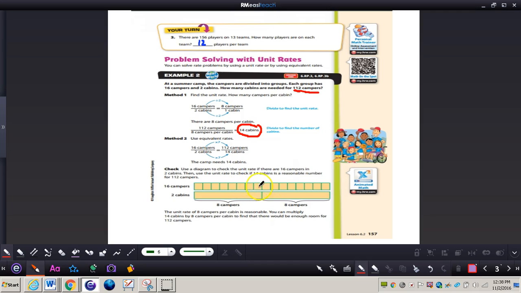You have the blocks that represent campers and the longer bars that represent cabins. You can see that there are a total of 8 campers per cabin. That will give you the unit rate, and it says the unit rate of 8 campers per cabin is reasonable. And then you can multiply 14 cabins by 8 campers per cabin and find that there would be enough room for the 112 campers.